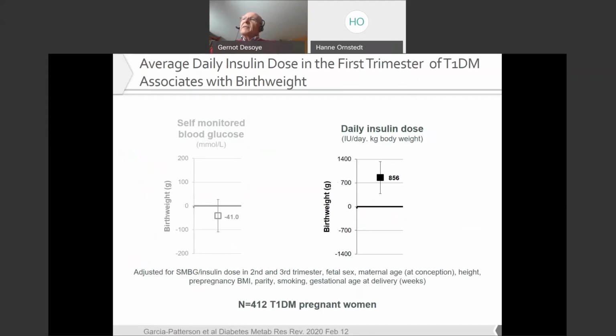Interestingly, the daily insulin dose given to type 1 diabetic women early in pregnancy, here in the first trimester, associated with birth weight. So insulin does seem to play a role in driving not only placental weight or placental growth, but also fetal growth.